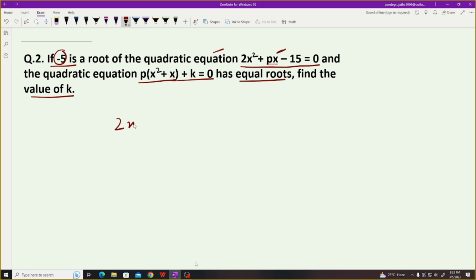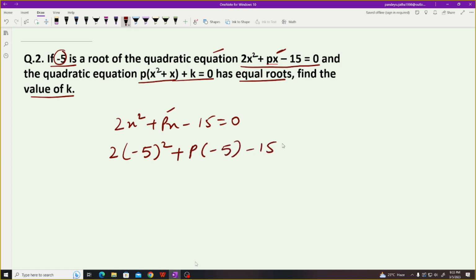So replace minus 5 in place of x in this equation to find the value of p. So 2 into (minus 5) square plus p into minus 5 minus 15 equal to 0. Here we have replaced minus 5 in place of x because it is given that minus 5 is a root of the quadratic equation.